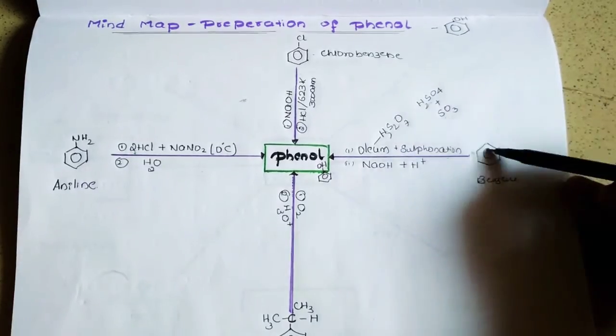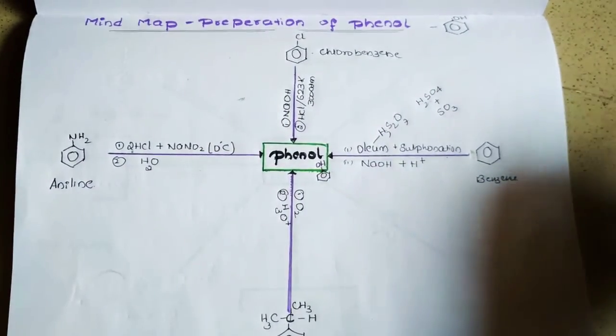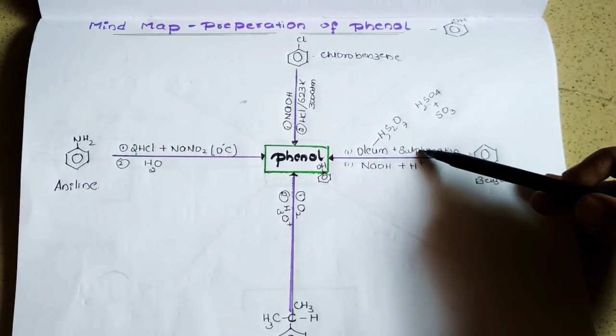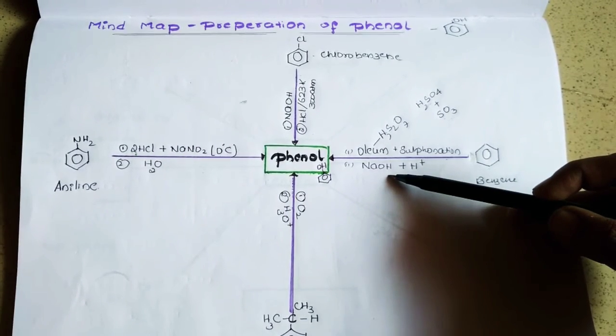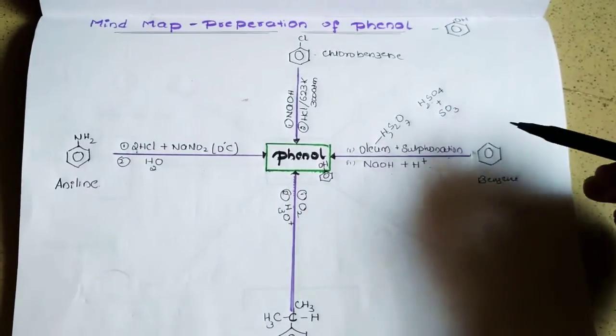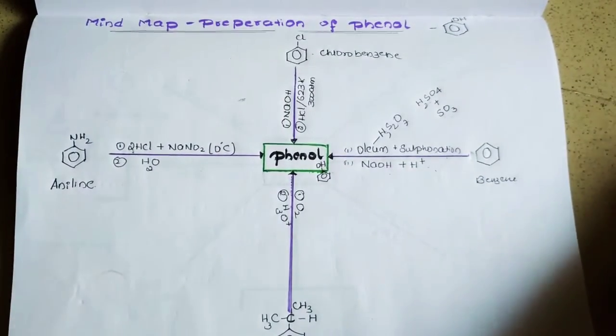This results in the formation of the respective phenol. First, we do the sulfonation. We get benzene sulfonic acid, followed by the treatment with sodium hydroxide, that is the base, and then with the acid, that gives the respective phenol. Okay, this is one method of preparation of a phenol from benzene.